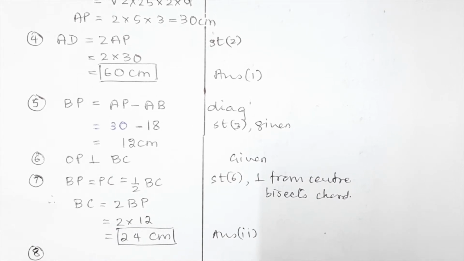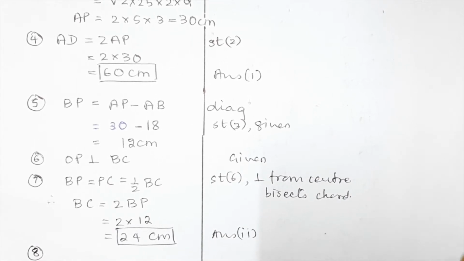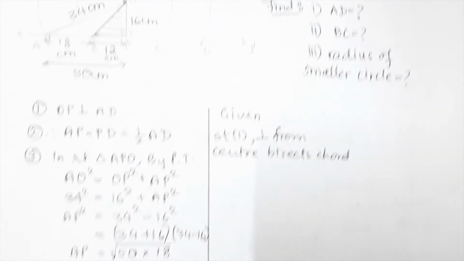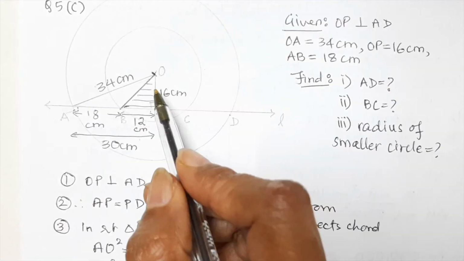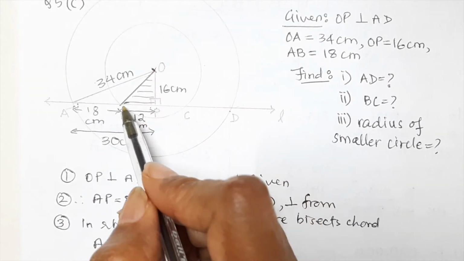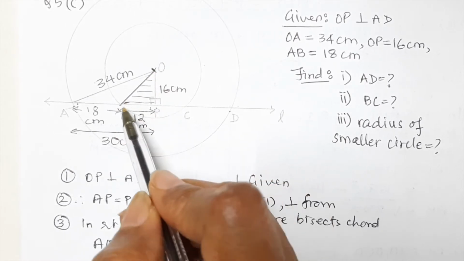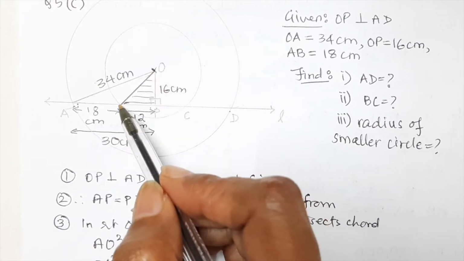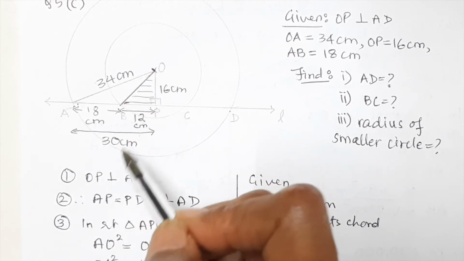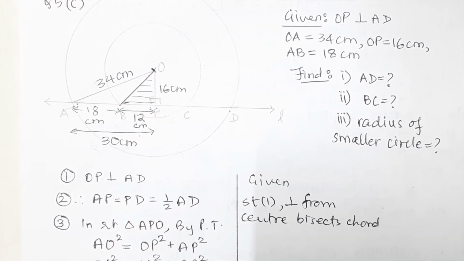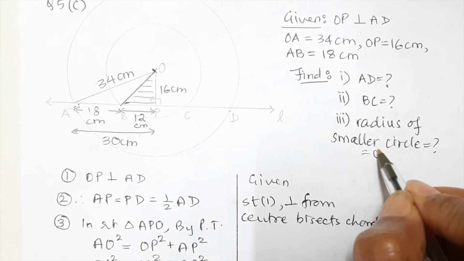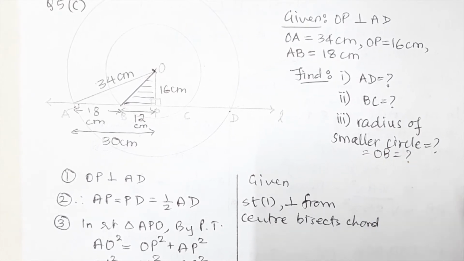We have to come now to finding the radius. Now let us look at the diagram. In triangle OPB, you will see that OB is the hypotenuse, OP is 16 and BP is 12, and OB is the radius of the inner circle, the smaller circle, correct? So this is nothing but OB equal to question mark.